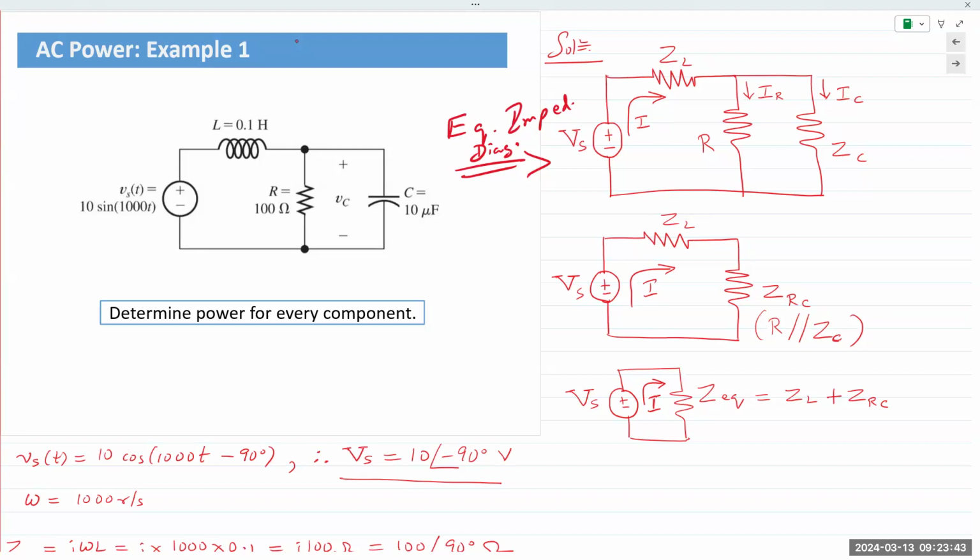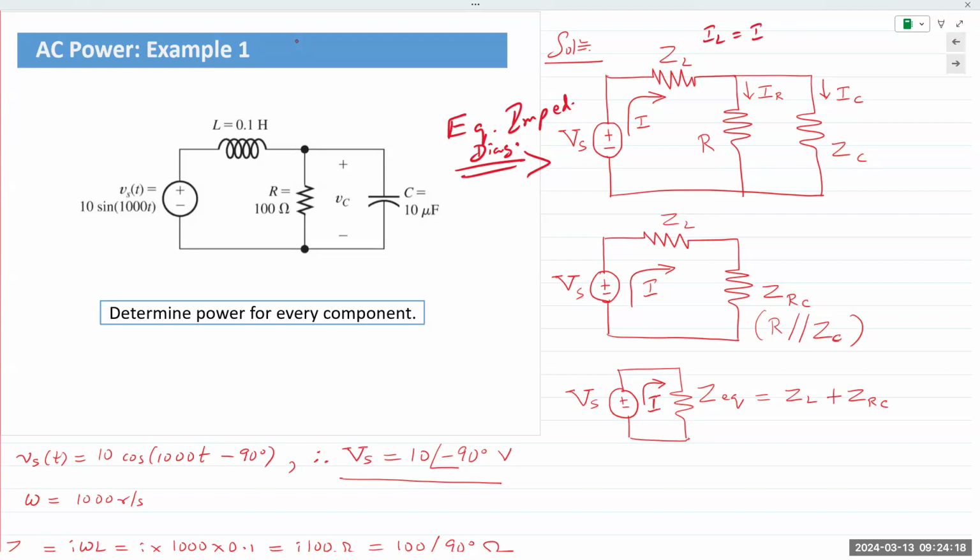Inductor and capacitor are represented with ZL and ZC, and of course resistor R remains the same. Current I is the total current being supplied by the source. IR and IC are the currents respectively for the resistor and the capacitor. Inductor current IL is, of course, the exact same as the total current I being supplied by the source.